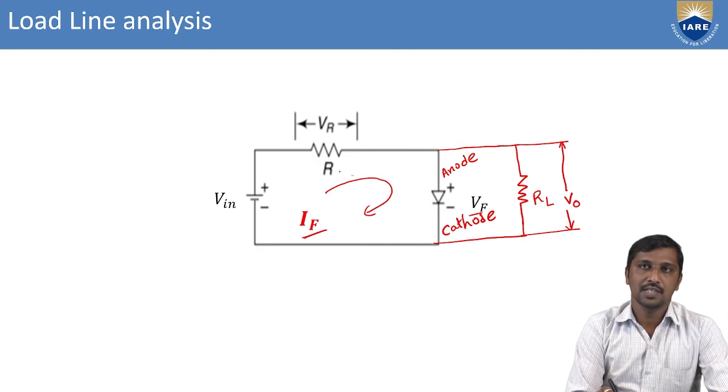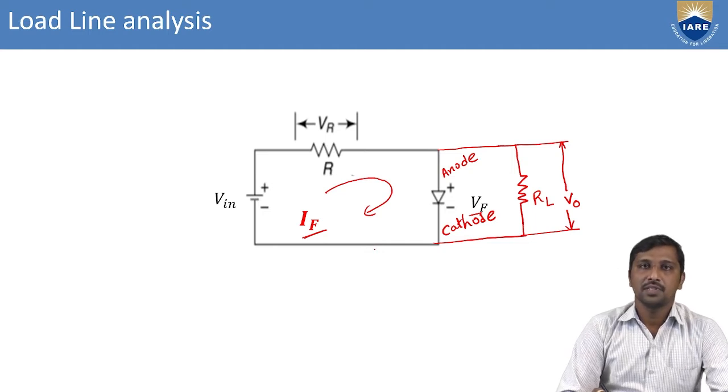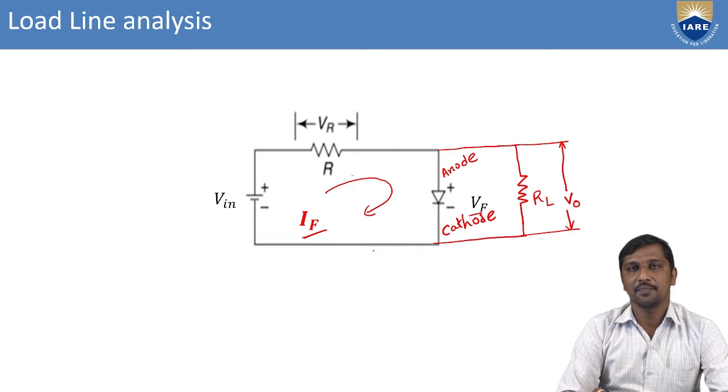And here this is the source resistance R, and the voltage drop across this resistance is represented as VR. We know that, in general, the diode offers a very small forward resistance, so here we are neglecting this reactive component.